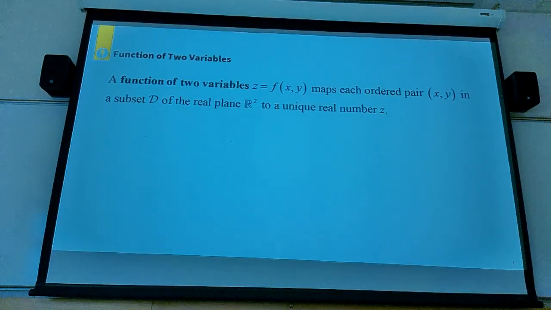A function of two variables is any function z equals f of x, y. It maps each ordered pair x comma y to a unique real number z. So it maps an ordered pair in the real plane, R2, to some real number z. So it maps R2 to R. Domain is now a set of ordered pairs.